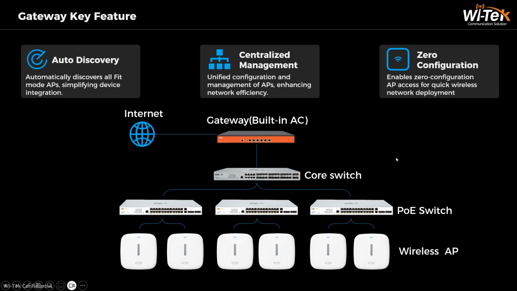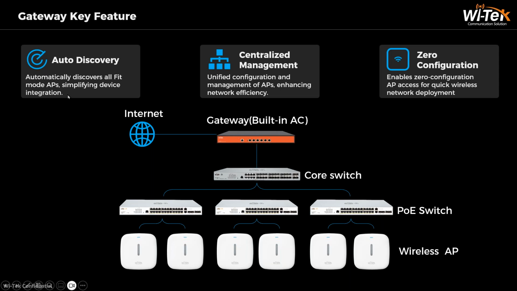Okay, let's see another key feature of our gateway. Before, we already introduced that our wireless AP has two working modes, right? In this network architecture, it should be working in fit mode, right?